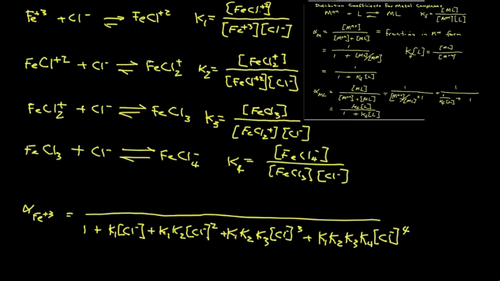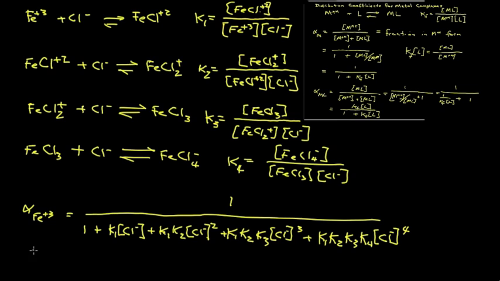And if we think of the species in order of increasing complexation, we go from the free metal to 1 ligand, 2 ligands, 3 ligands, and 4 ligands. There's 5 species. So we start on the left-hand side of our denominator, and the 1 is the first term in the denominator. It also goes in the top when we're interested in the first member of this series.